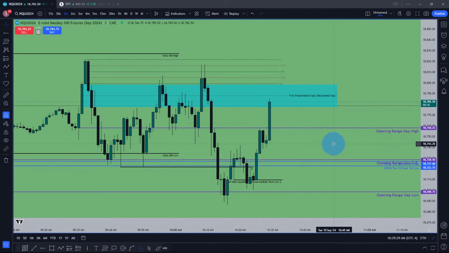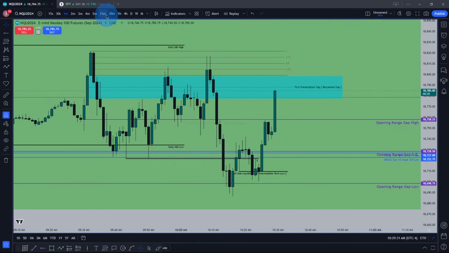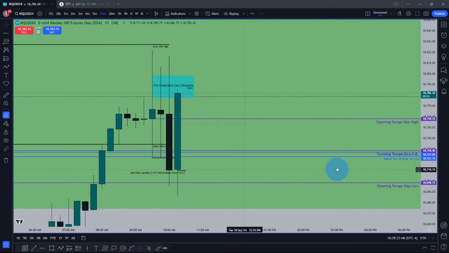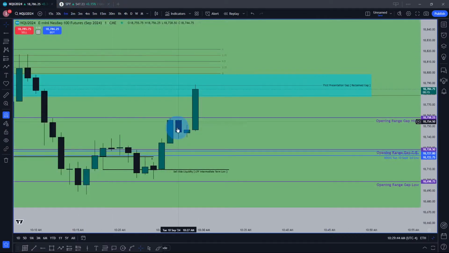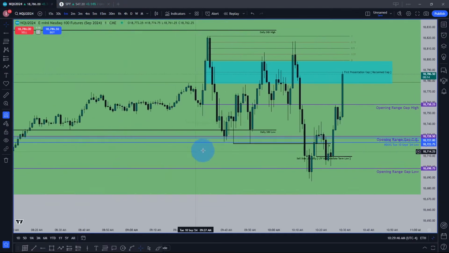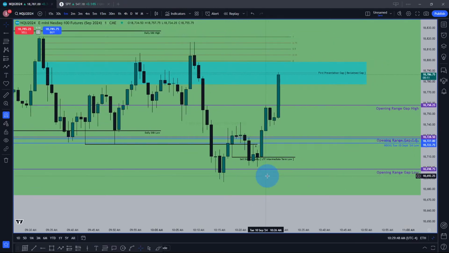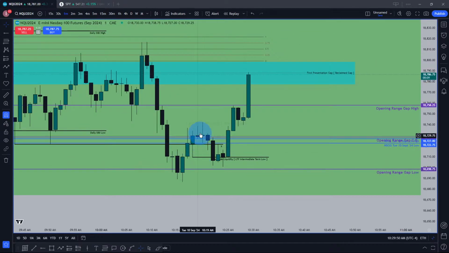But just as we close right now, the 15-minute intermediate term low here that we saw being taken. Nico, pay attention to what I'm saying here. This low here, because we took that. Once we took it, we use the same thing that we applied onto this low being taken, now applied onto the 4-hour low being taken.